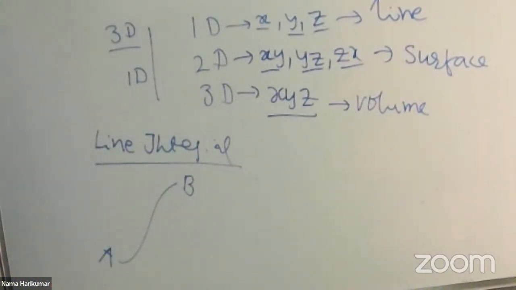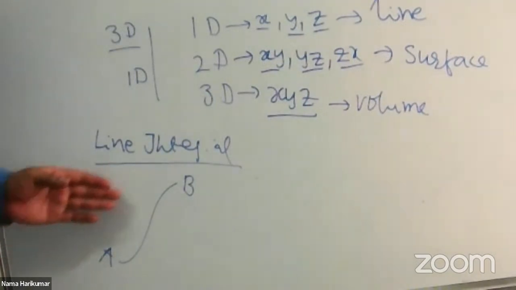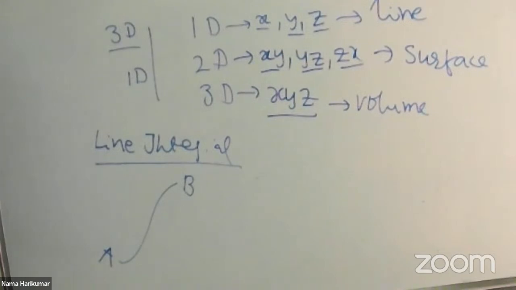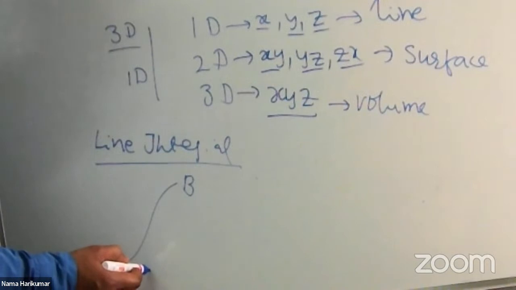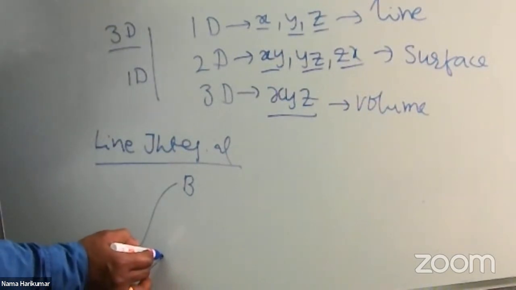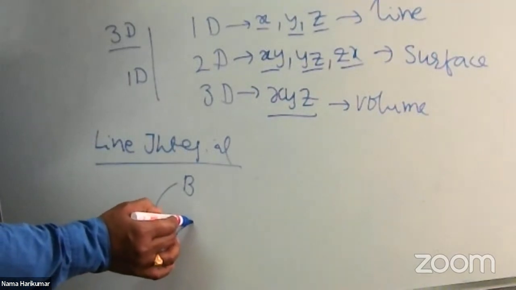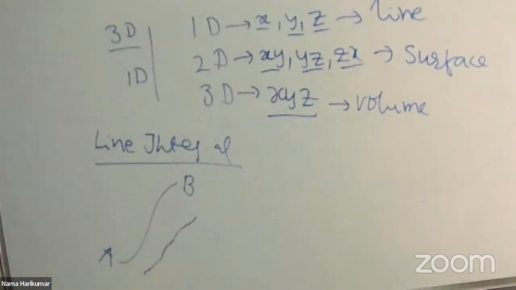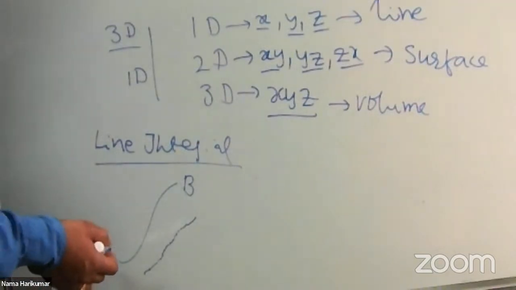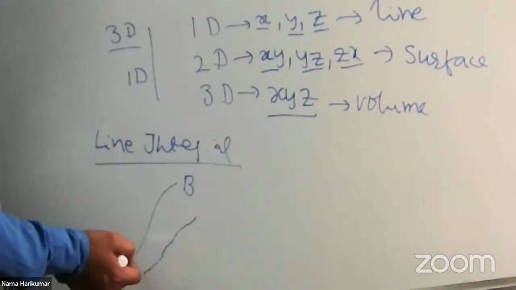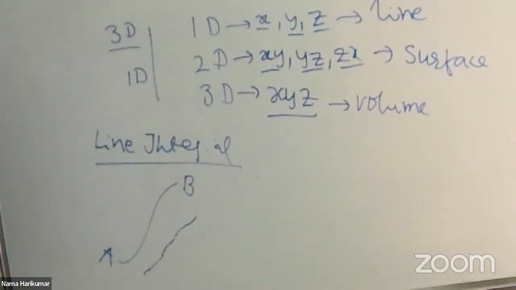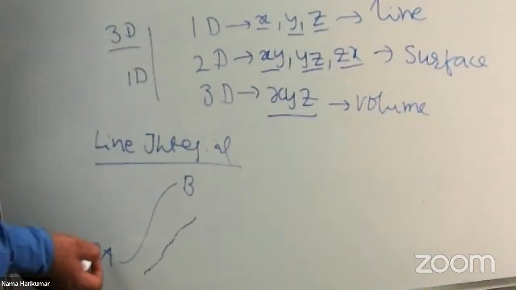In this curve there is a formation of a number of dots. So we have to consider one curve, and the number of dots is aligned to form that one curve.